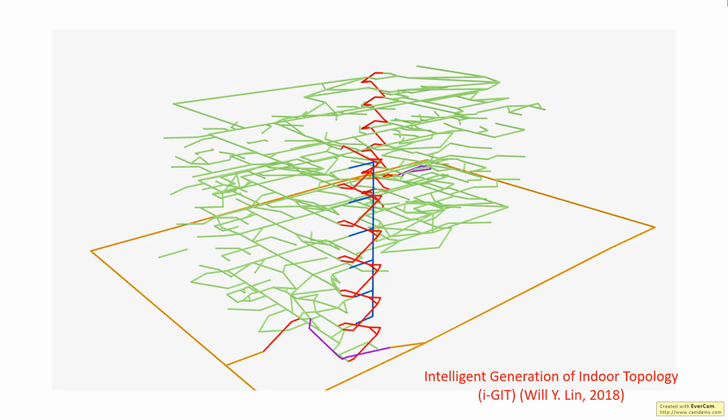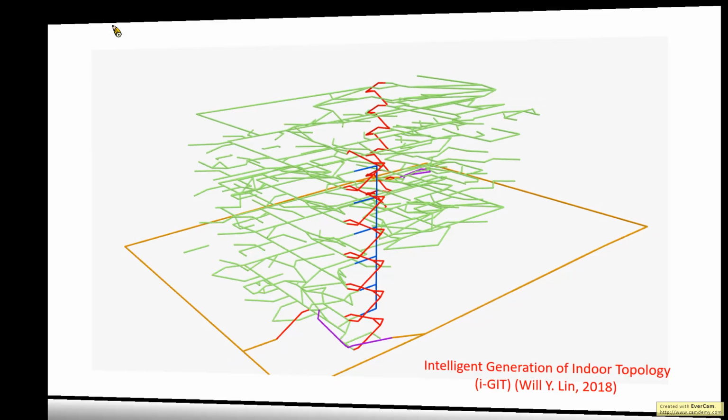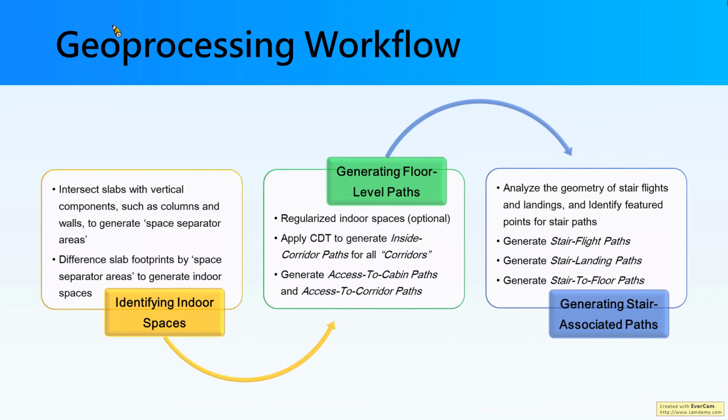So about 3 years ago, in 2018, I proposed an algorithm called iGit to automatically generate the indoor paths, or the indoor version of Google Maps. The only input for the algorithm is the 3D model.